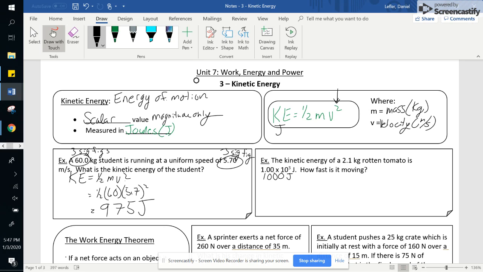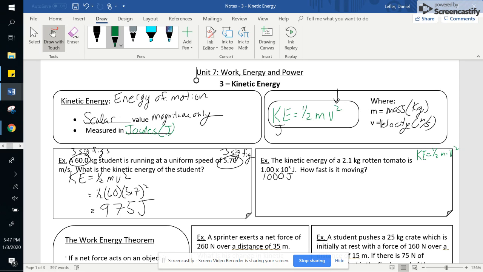The first thing I'm going to do is some rearranging. I'm going to do this up in the corner. So KE equals 1/2. I keep wanting to jump to the potential energy formula, which is mgh. 1/2 m times v squared.